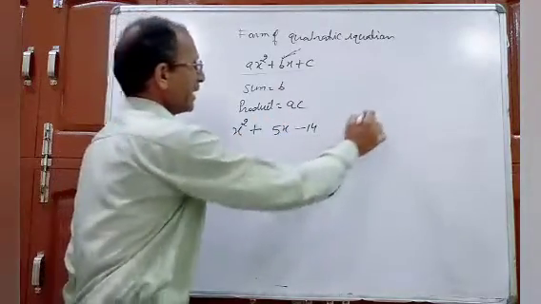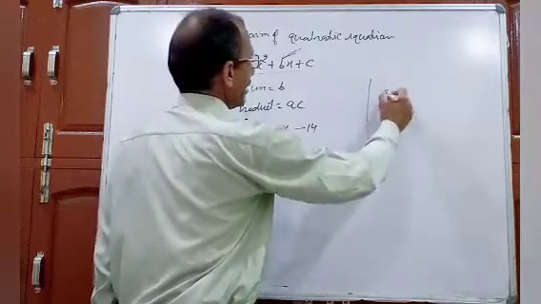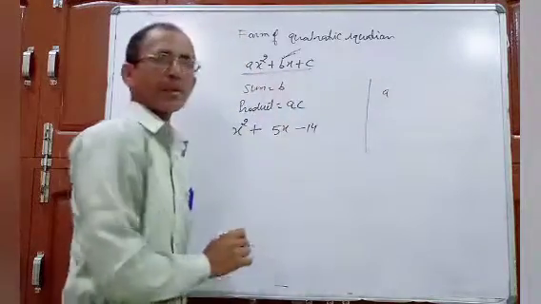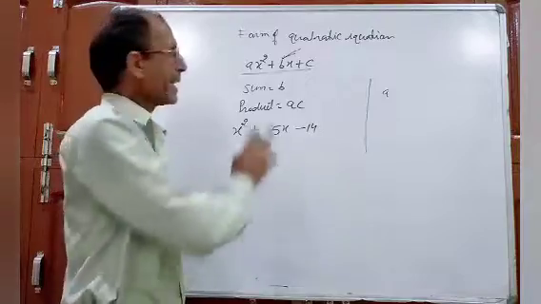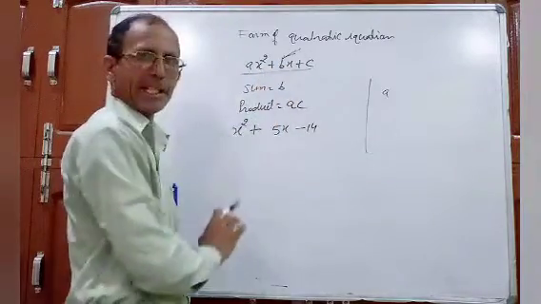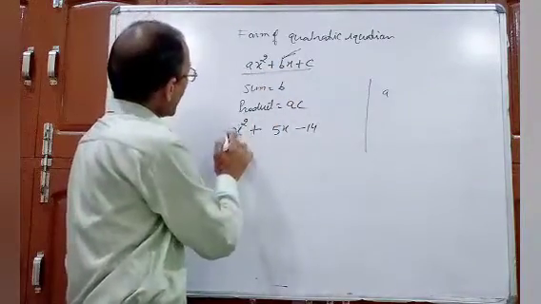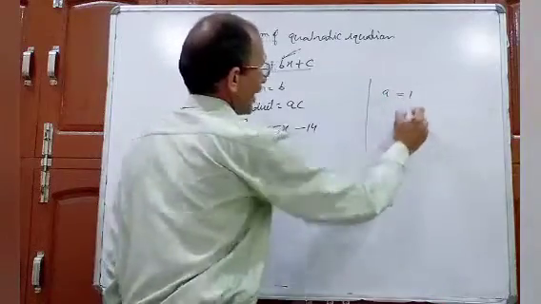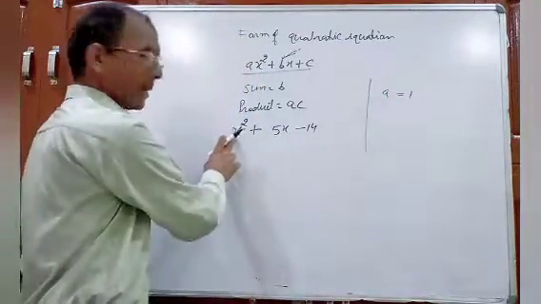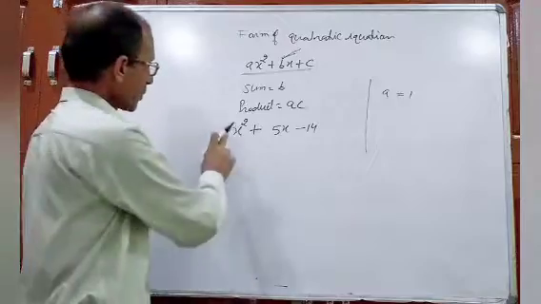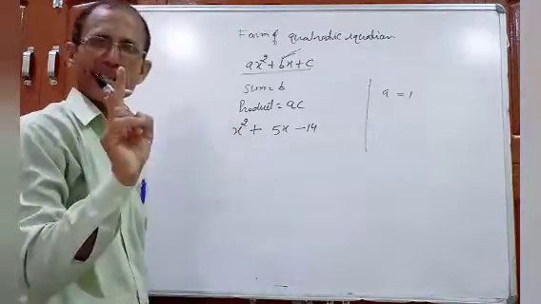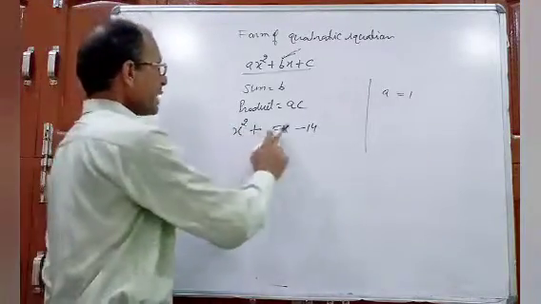The form of a quadratic expression is ax square plus bx plus c. What is a? A is 1, the coefficient of x square. Nothing is written there, so it is 1.